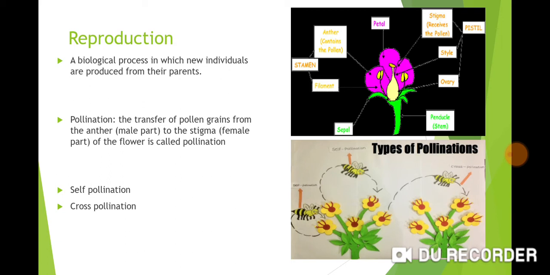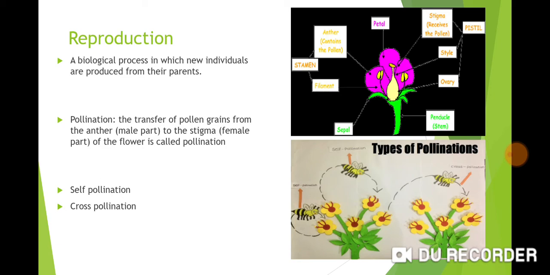The transfer of pollen from the anther of one flower to the stigma of another flower of the same plant is known as self-pollination. That pollination may take place in the same flower or another flower of the same plant. Whereas cross-pollination is pollination that takes place between two different flowers of two different plants.